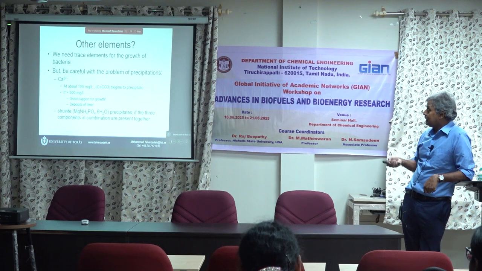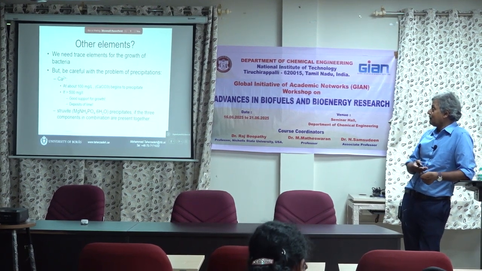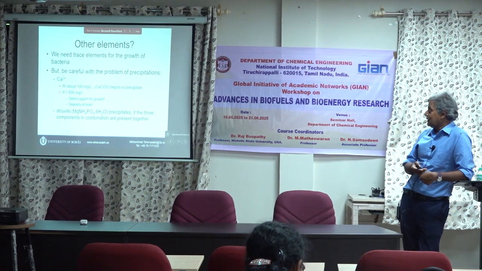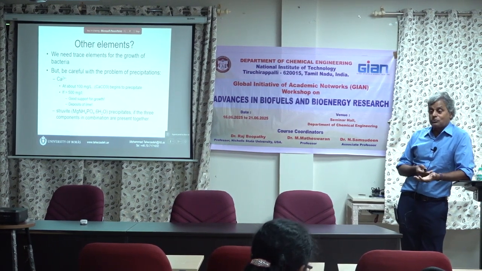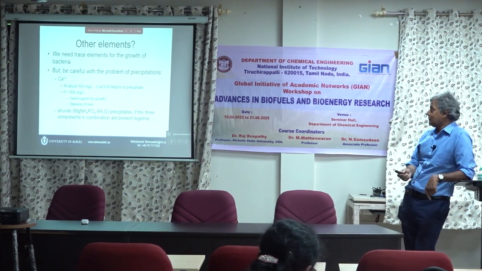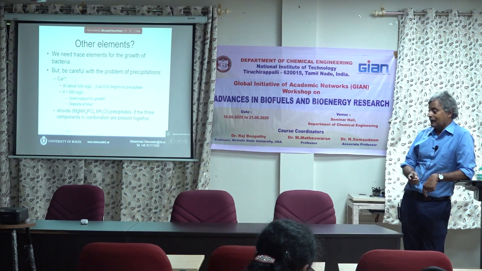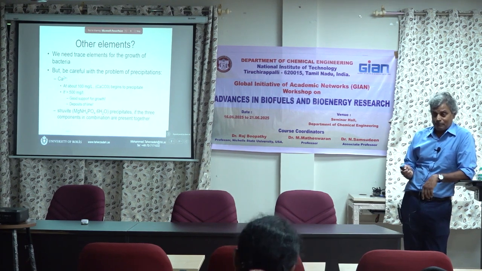The other elements, you need to have a little bit of those trace elements that are important for proper enzyme function. If you have too much of it, you're going to produce struvite that we talked about this morning, that pellet, which is magnesium ammonium phosphate, that can precipitate out. So you need to have trace amounts of all these elements inside.